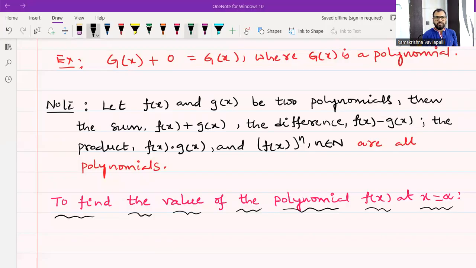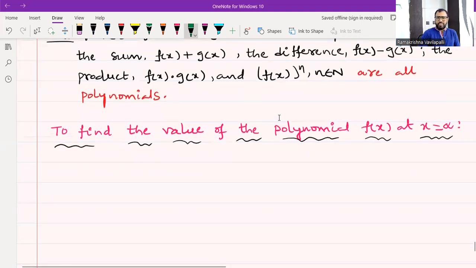Well, how do we find out the value of a polynomial at x equal to alpha? It is important. Based on this fact, we can define the 0 of a polynomial. So, to find the value of a polynomial f of x at x equal to alpha means directly substitute this alpha in the given variable x.